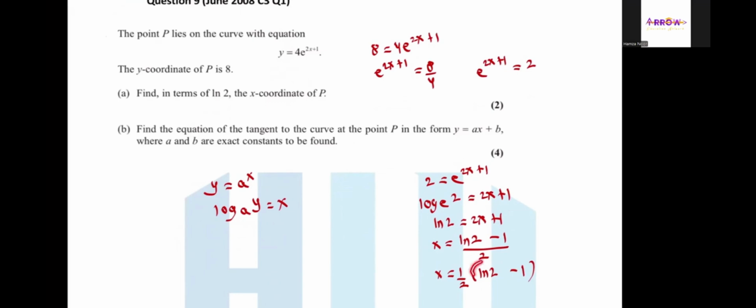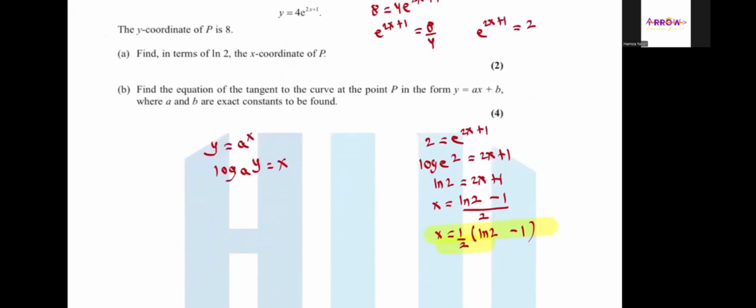Okay, ln 2 is a separate term and minus 1 is a separate term, so you can write your answer in this particular form. Or you can say x equals half, multiplied by ln 2 minus 1. This is also fine. This looks better, but both forms are fine.